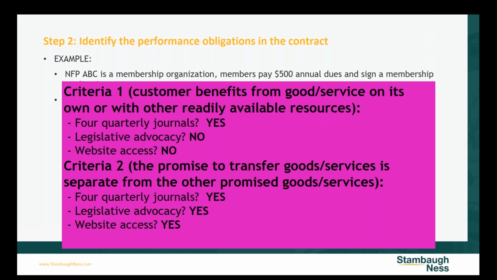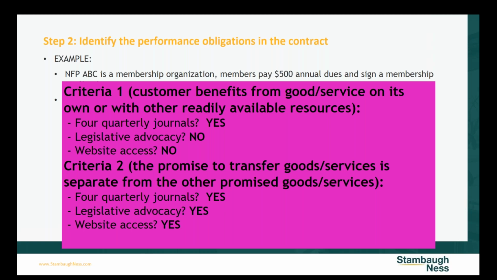If we jump to criteria 2, we ask, is it separate from the others? We can't purchase the legislative advocacy on its own, but it is a separate promise or performance obligation from the website access.